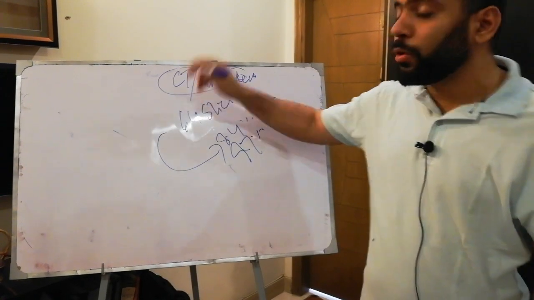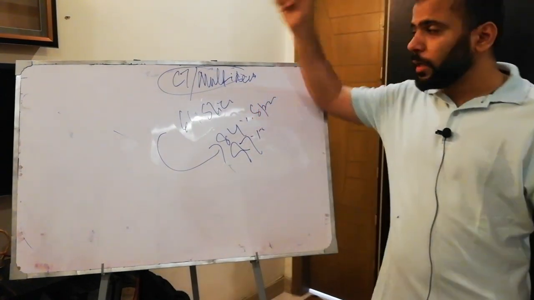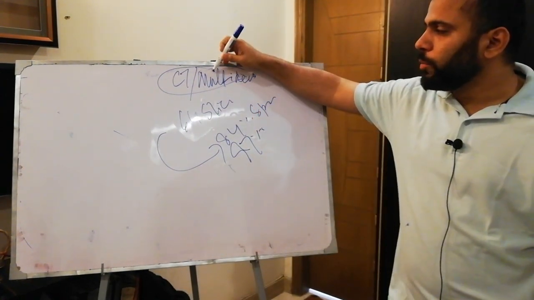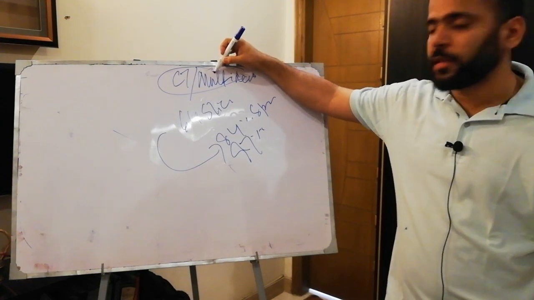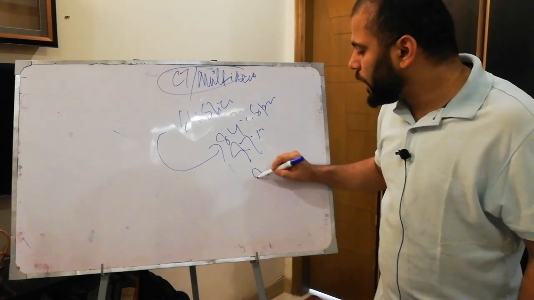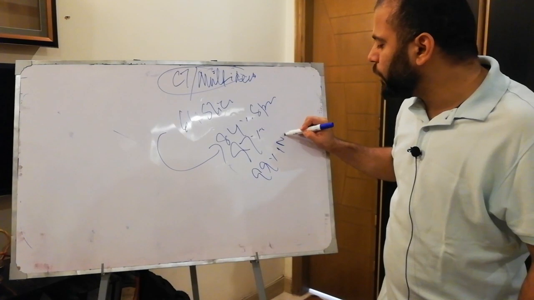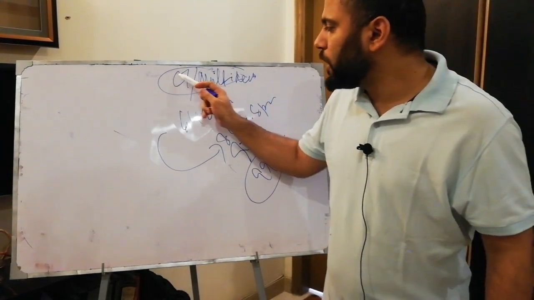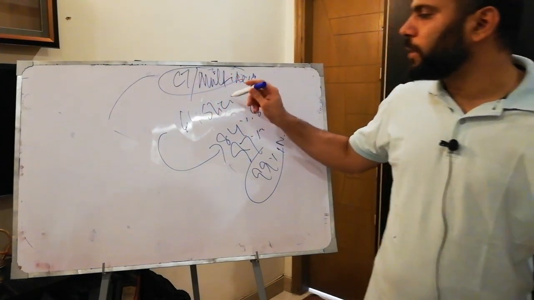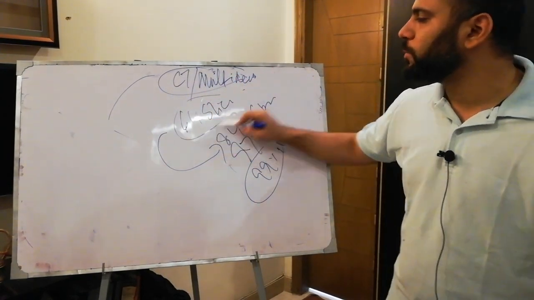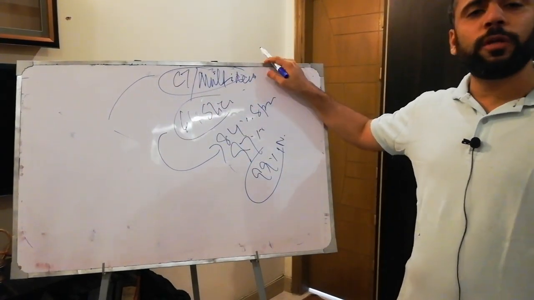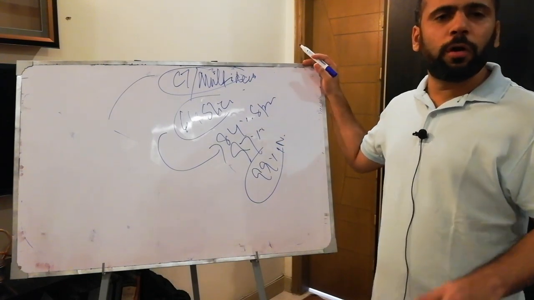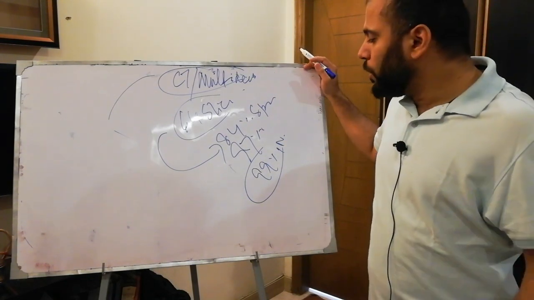So it is a good non-invasive modality to use in your patients with stable ischemic heart disease, and it has a 99% negative predictive value. It means that if your patient has nothing on a 64 slice multi-detector CT scan, then probably your patient would not have anything.